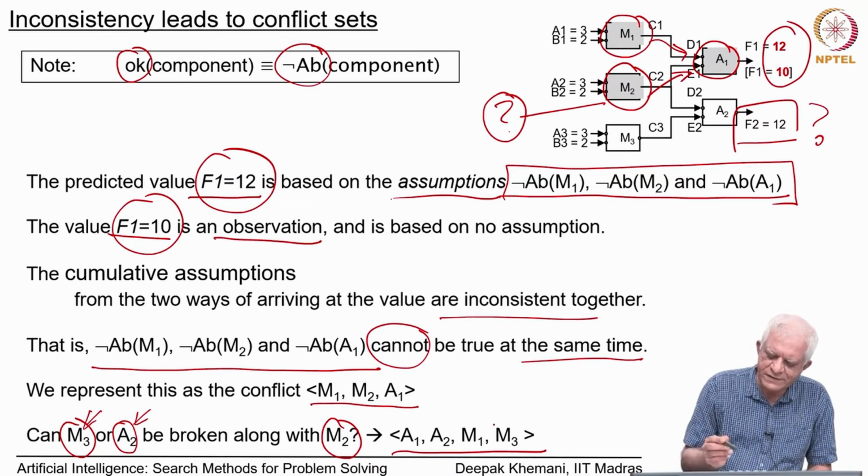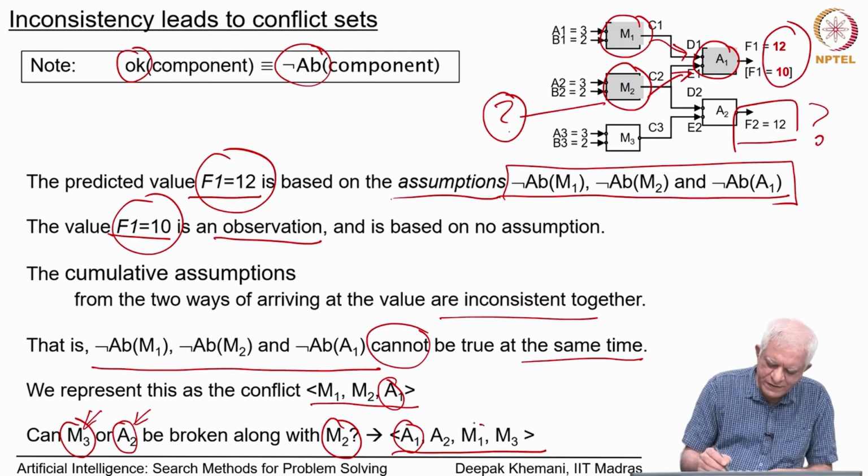A diagnosis is what is called a hitting set. So, we have these two sets. Is there an element which is common to both the sets? So, obviously, we can say A1 is common to both the sets. So, it is possible that A1 is faulty, and that would explain everything that we are seeing essentially.